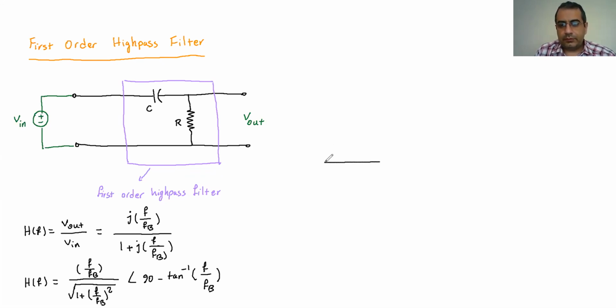If you draw the frequency and then the magnitude of that filter, it's going to be its magnitude with respect to the frequency, which is usually in hertz.